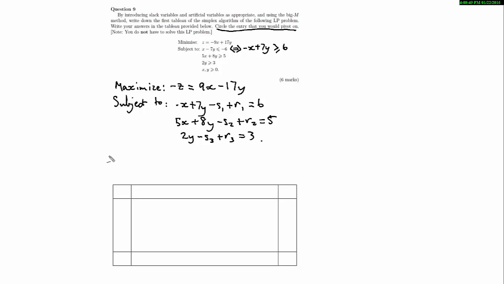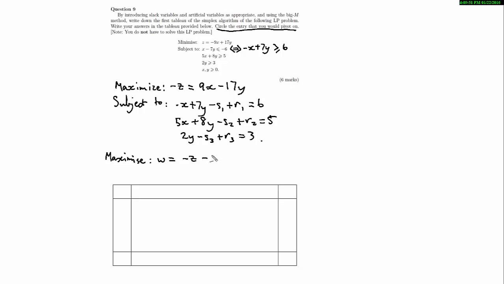our objective function, but our objective function, which we'll now write as w, is still minus z up here. And now we want to include our Big M from the Big M method up here to help us drive out our artificial variables up here.